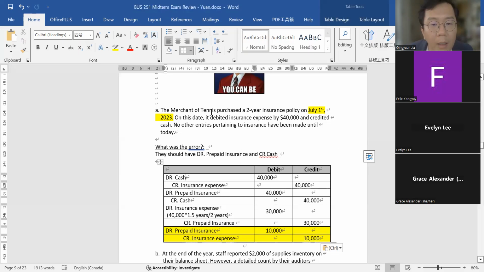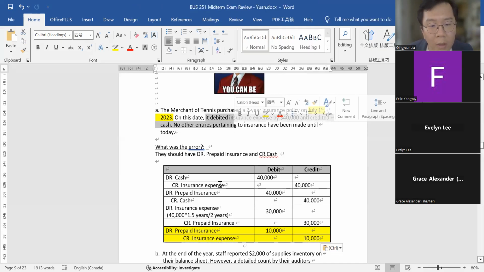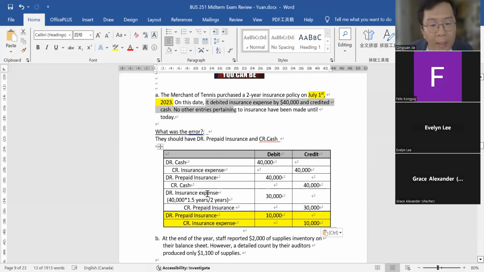The previous one, the thing they did, is not accurate. So they made an error, they made a mistake, and we are trying to correct the error, doing the reverse one, and then doing the right thing again. And then we transfer this amount from prepaid expenses into expense. This is what we do. And what's the next question?